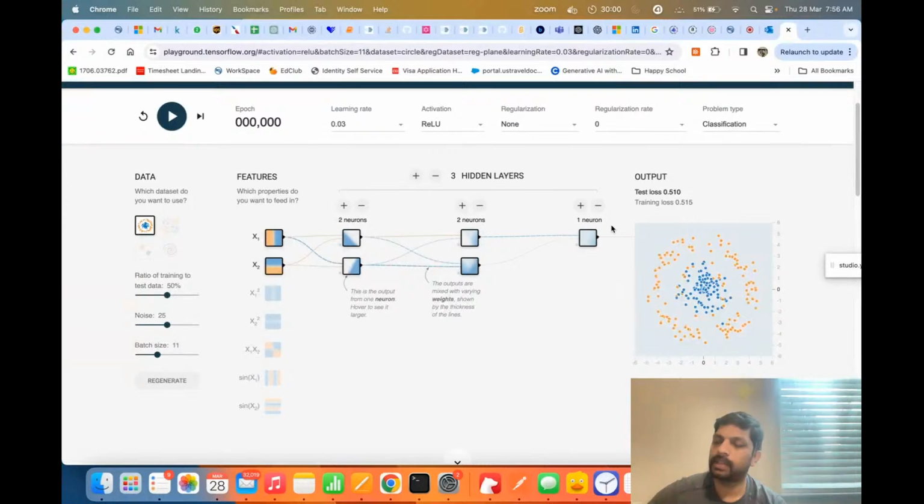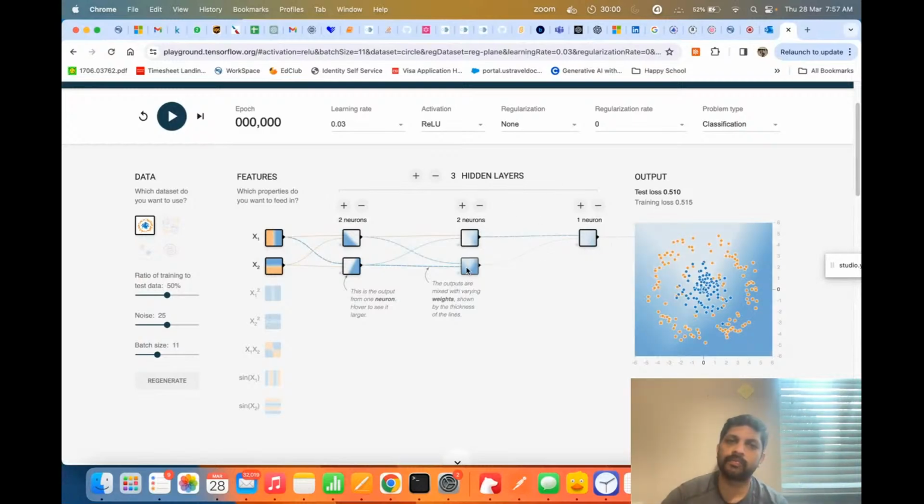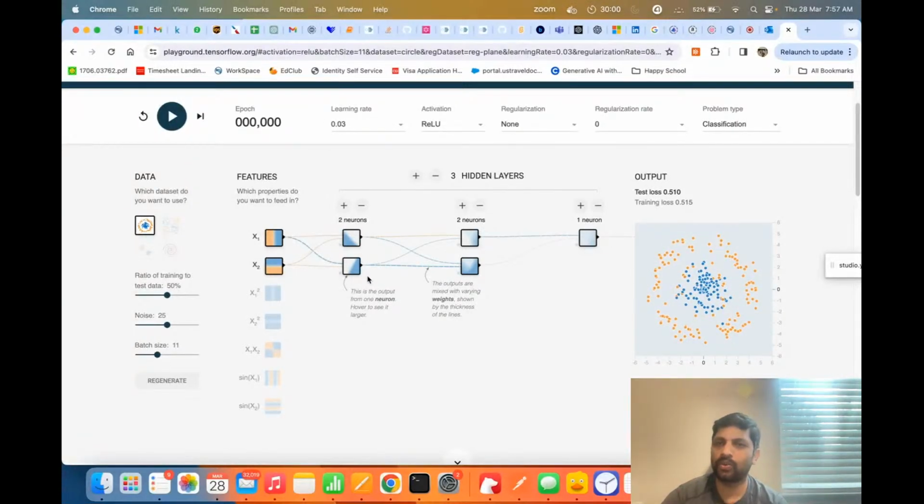And plus w, phi 1 w phi 2 into 1 plus e power minus z4. So multiples of these two, the weighted sum of these two outputs. Those outputs z3 and z4 are actually the weighted sum of weighted outputs of these two. So it's like a chain.